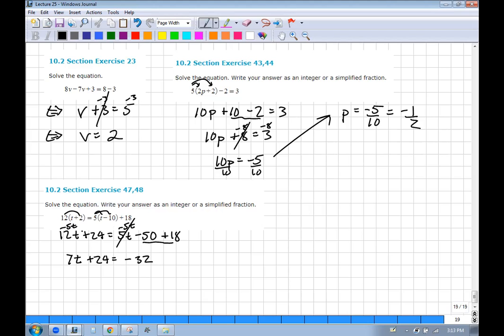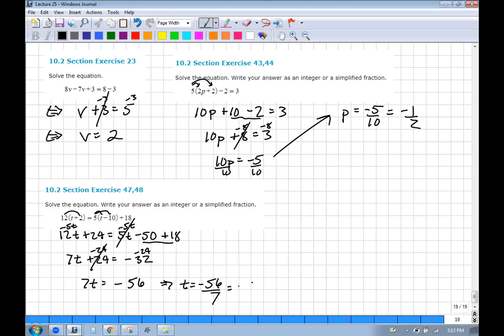And now I'm still aiming to get this t by itself. Let's get rid of this 24. I have a 7t equals, whatever this is, negative 56. Now to get the t, divide both sides by 7.